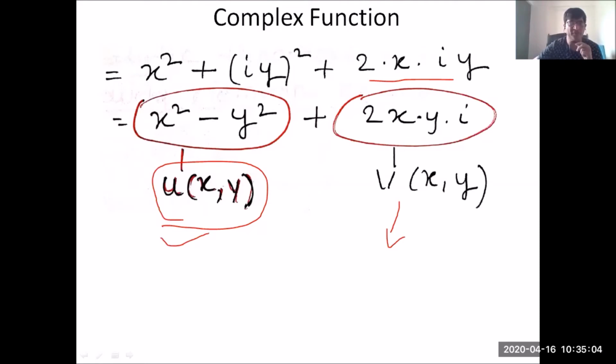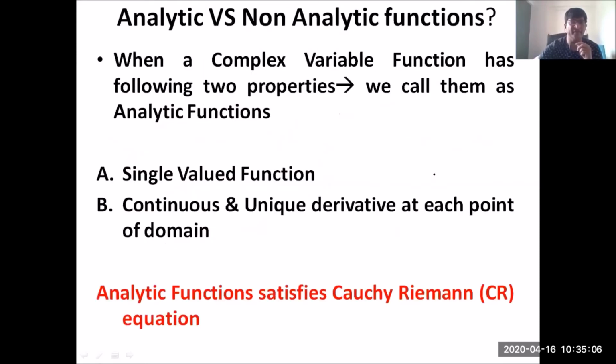Now from these complex functions, let us define analytic and non-analytic functions mathematically. When a complex variable function has the following two properties, we start calling it an analytic function. The first is that a complex variable function must be a single valued function.